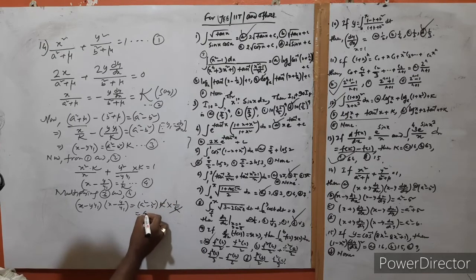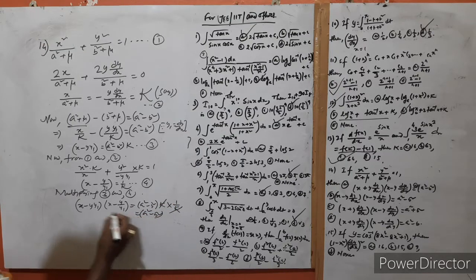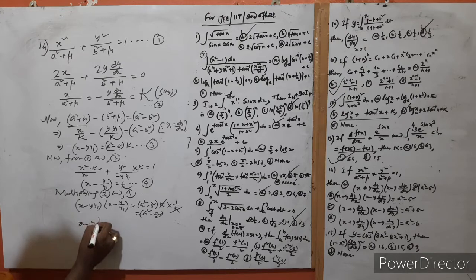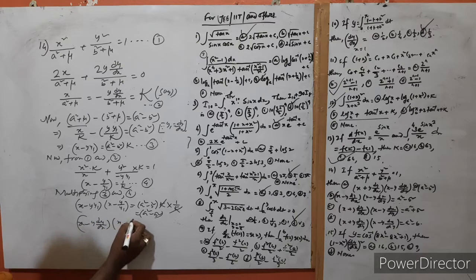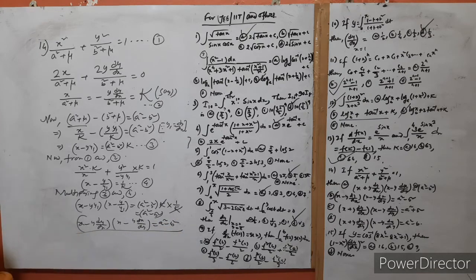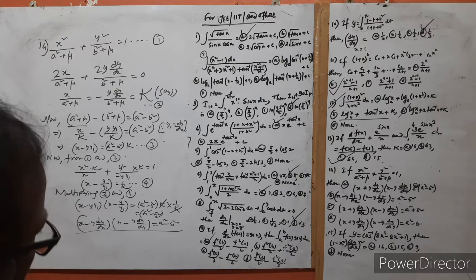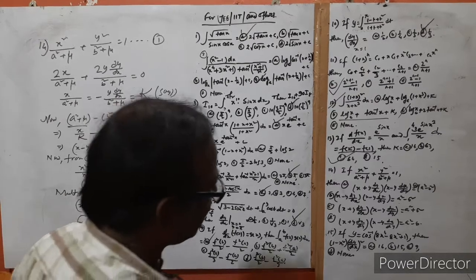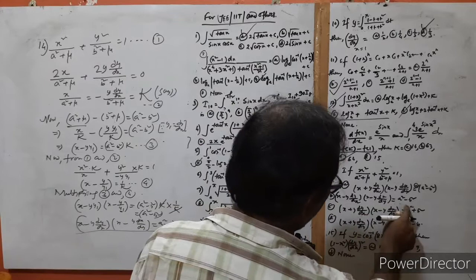So k are cancelled, so a square minus b square. So now write here x minus y dy by dx, and if we put dy by dx, then we get x dy dx, and this is a square minus b square. Very interesting question. This is question number 14, and we get C, and this is the first option.